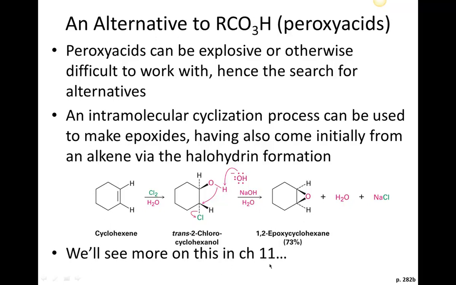We're going to talk about the mechanism of that and more details in chapter 11 and again a little bit in chapter 18. But for now, it's just an alternative way to get to the epoxide. It's first the halohydrin and then some sodium hydroxide, and you can make an epoxide that way. It helps that the OH and the chlorine are on opposite sides. That's actually part of why this works.